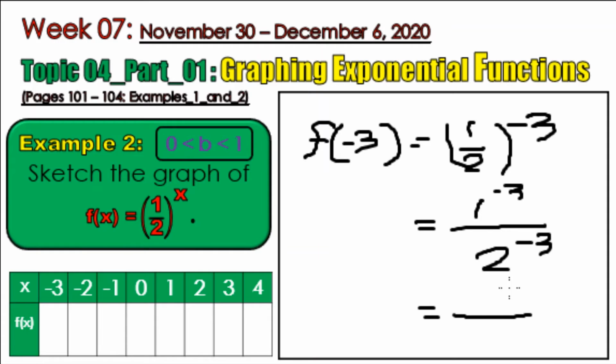We bring our 1 to the denominator and make our exponent positive, so this will become 1 cubed. And we bring the denominator to the numerator, and the 3 becomes positive. So 2 cubed is 8, over 1 cubed, which is 1, and our answer is 8. So if our x is negative 3, we have 8.